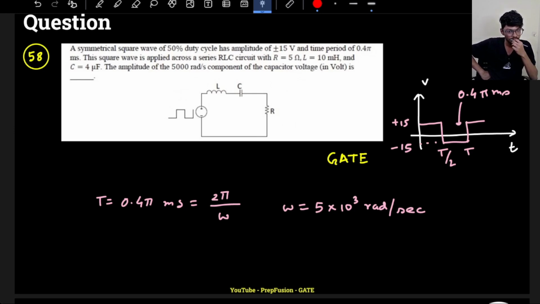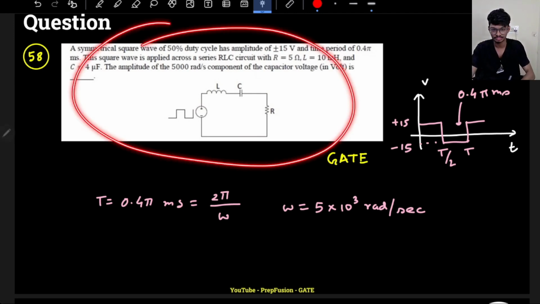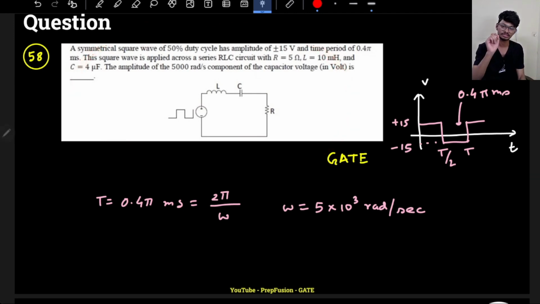Let me check the resonant condition, because this is the resonance chapter, and I have always told you that whenever some very weird AC question comes, always try to check the resonant condition, whether the circuit is in resonance or not.